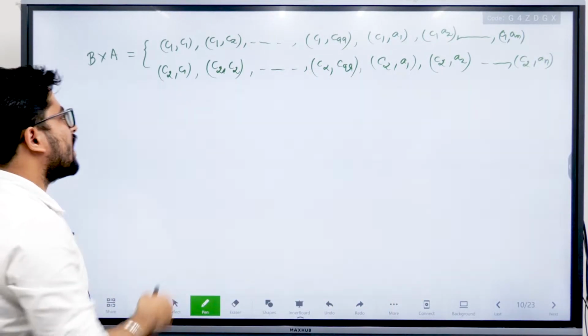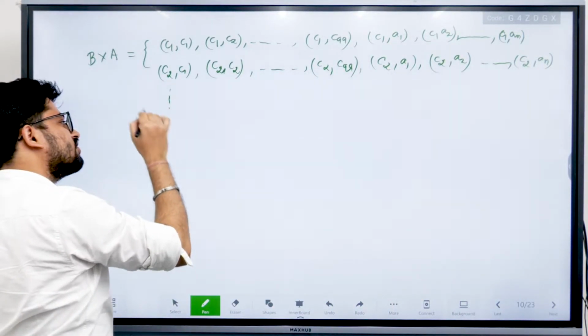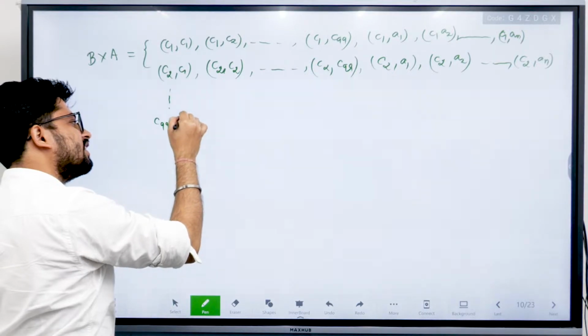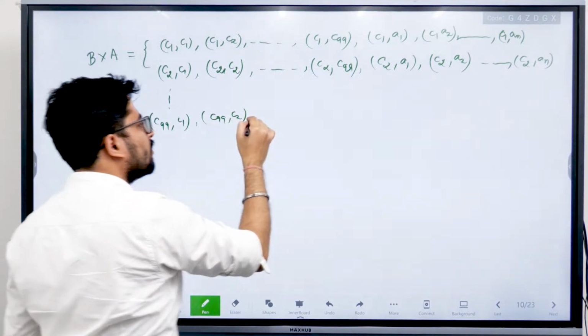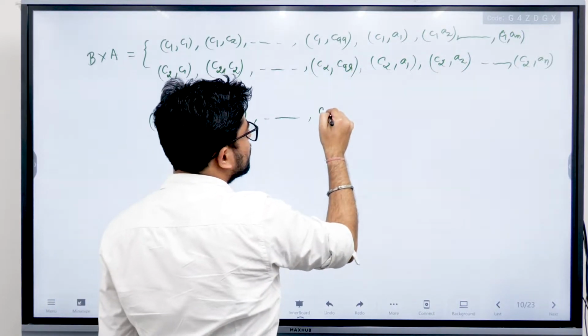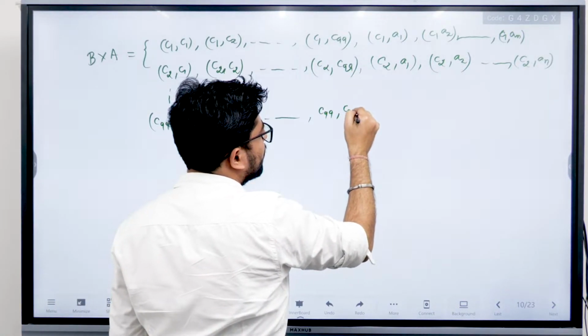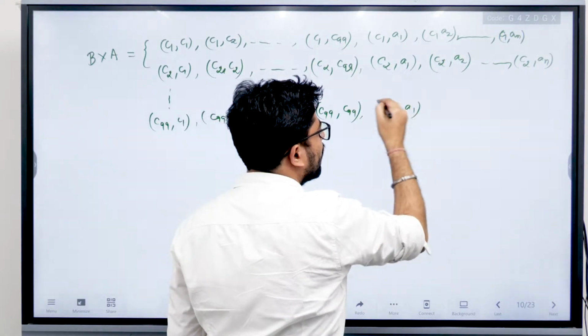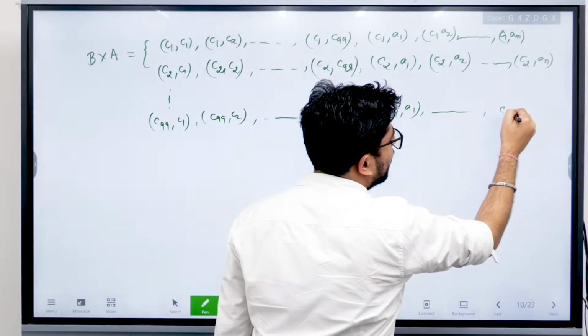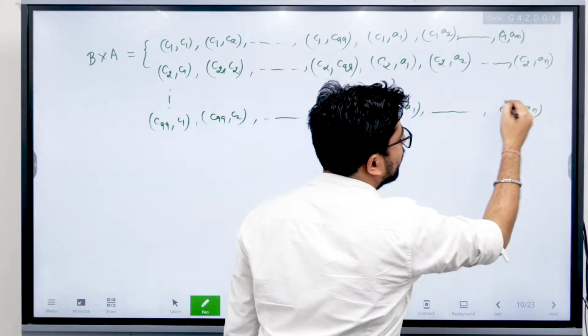We have similar things for C3 until C99: C99 C1, C99 C2 and C99 C99, and after that we have C99 A1 and so on C99 AN.